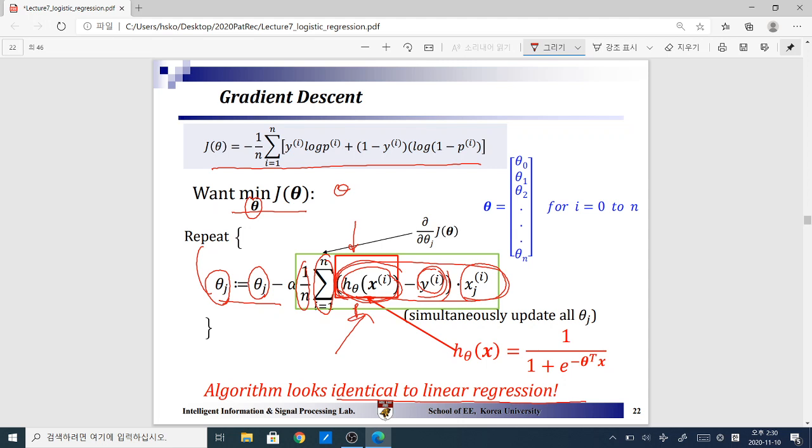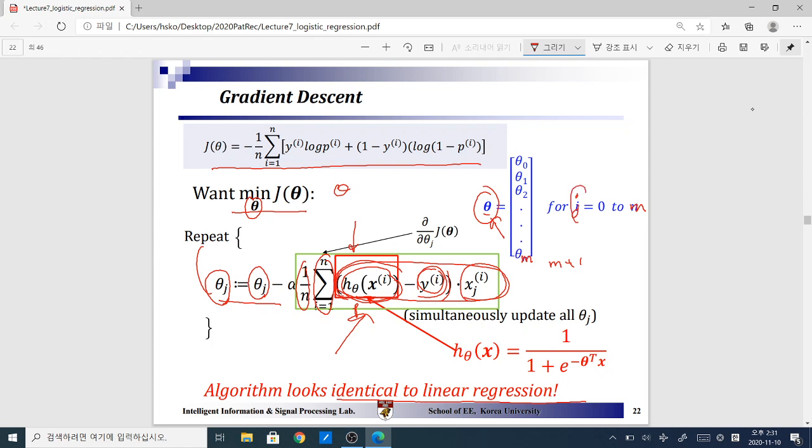I should, by the way, note that this theta actually has an m, so this is from j equals 0 to m. I should also put a j there. So this theta is an m plus 1 dimensional parameter vector.